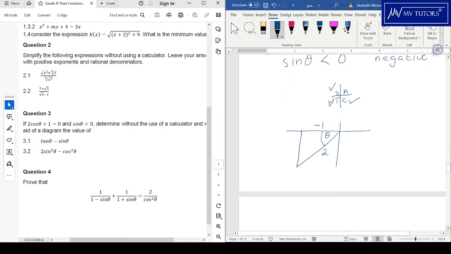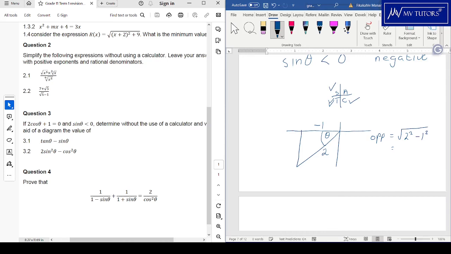Now I need to complete this triangle by solving this other side. We're always going to use Pythagoras. We're looking for the opposite side. It's always going to be the square root of the big side, which is 2 squared, minus the smaller side, which is 1 squared.